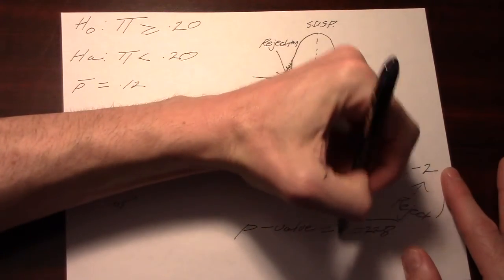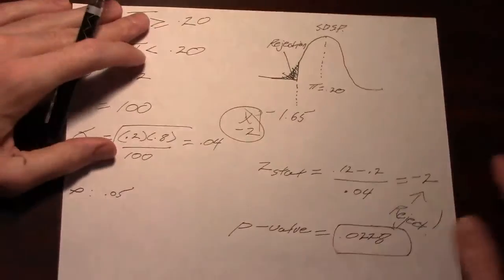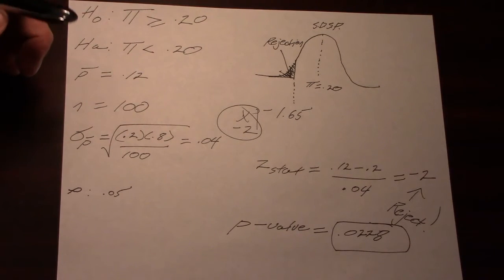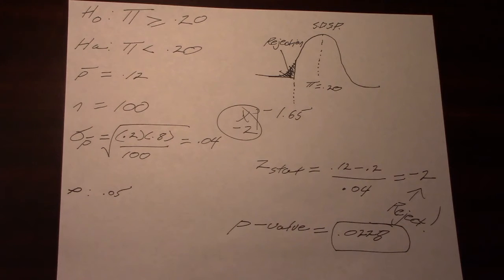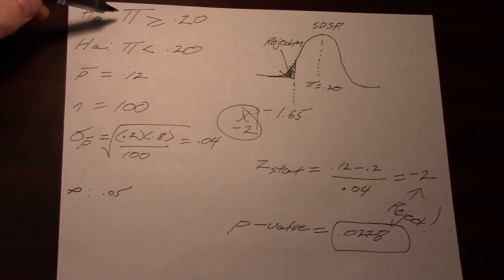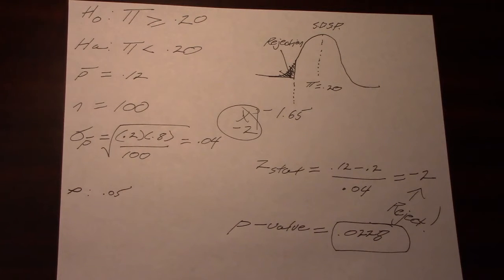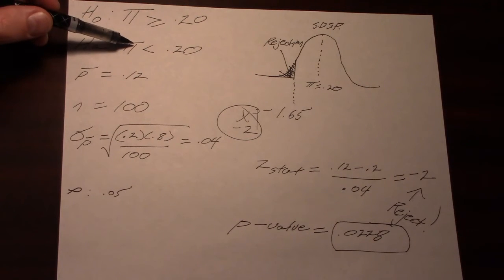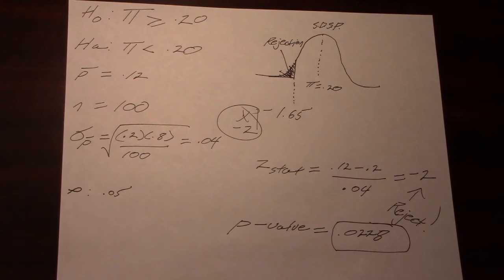We just say our p-value is 0.0228, which is about 2.3%. There's a 2.3% chance of getting something this unlikely if the assumption of 20% is true. So we're going to reject the null hypothesis, assume the alternative, that the true population proportion of students who want to go into public service is less than 20%.